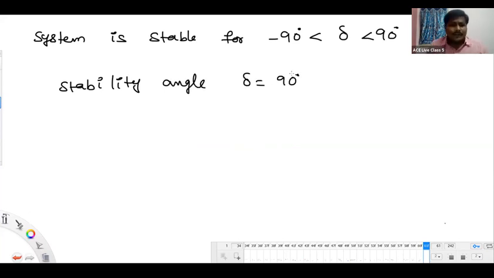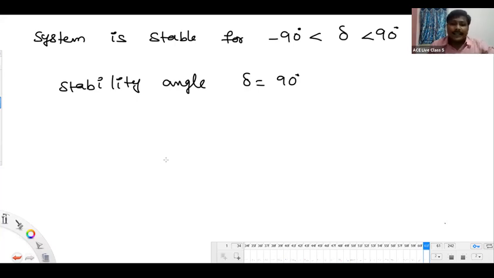In case the network has some resistance and shunt elements and all, obviously you are going to get the angle delta equal to beta as the stability angle, right?